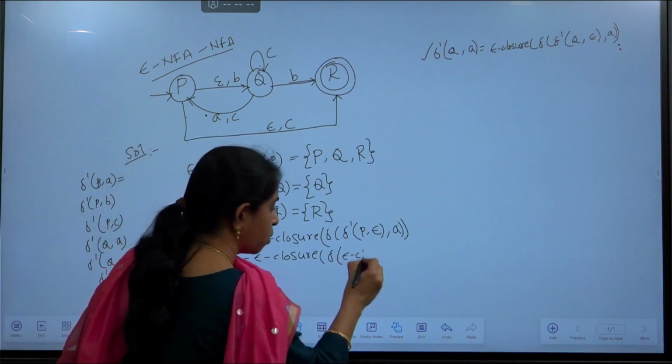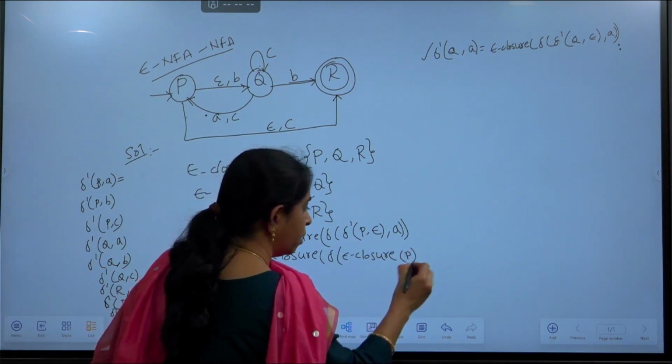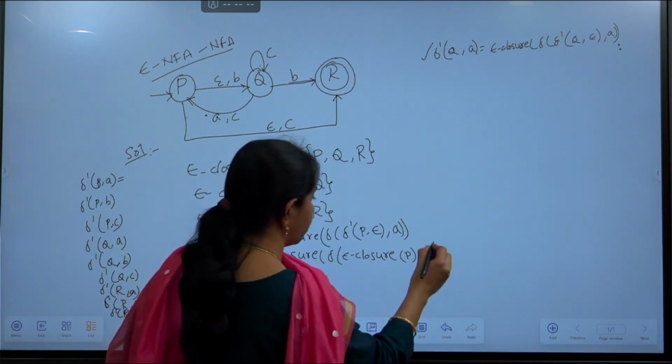So epsilon closure of, for which state? P, and then P comma A. Like that we apply the formula.